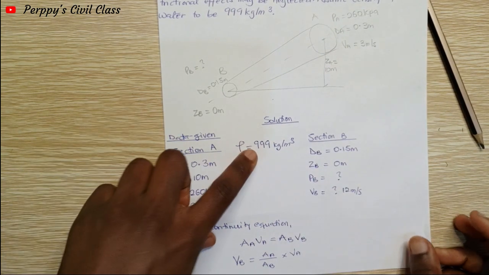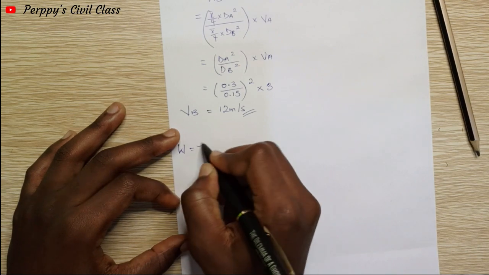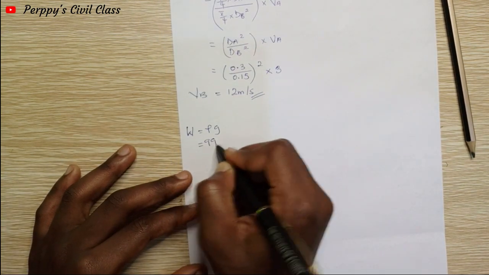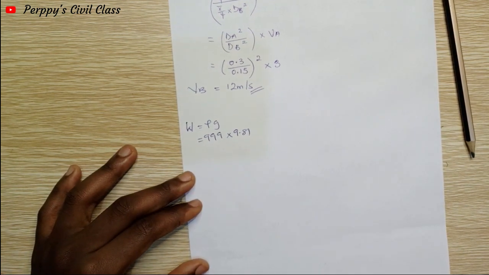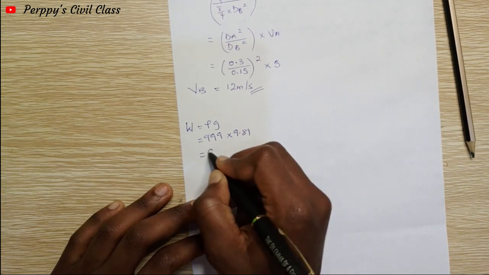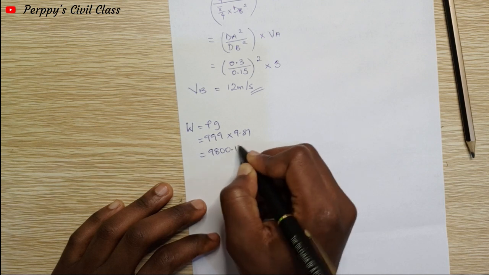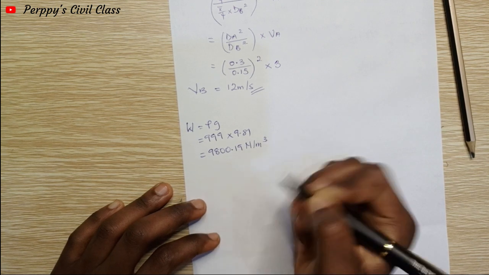So we use the density of water to calculate the weight. Weight is equal to density times gravity. So 999 multiplied by 9.81, gravity, and this will give us 9800.19 Newton per meter cube.